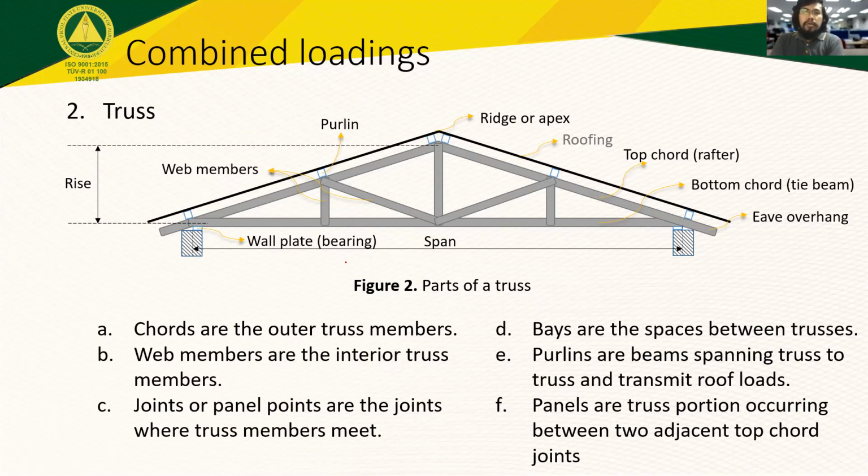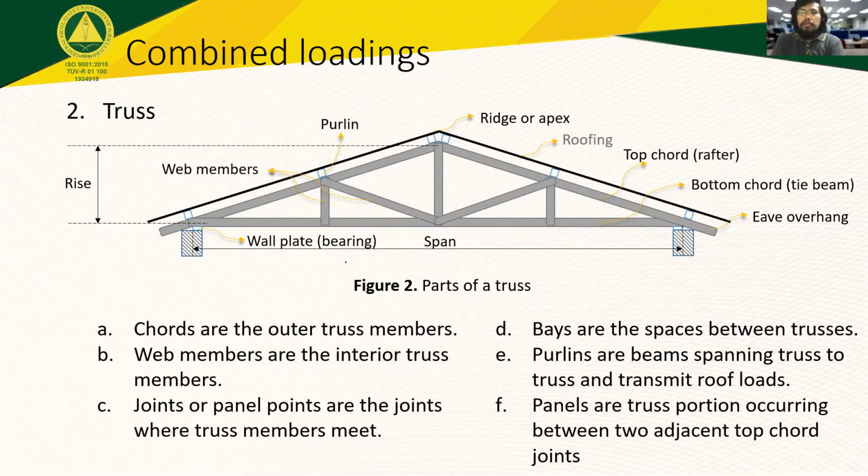Now, we have also the web members as the interior truss members. And the joints or panel joints are just the joints where these members meet. There are a lot of ways to connect these members. It would depend on the material, such as wood or metal.